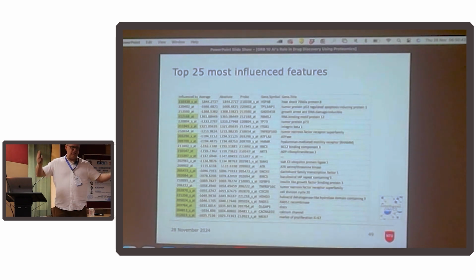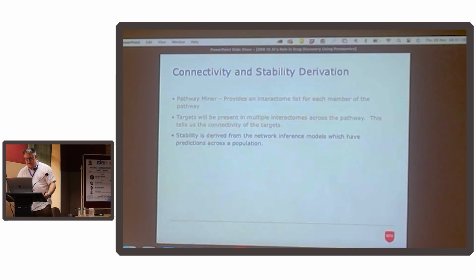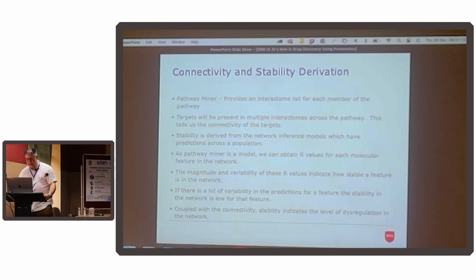So we've gone through the whole transcriptome, looked at everything, looked at the network inference, and we find features that make biological sense, being highly influenced and highly influential in the system we're exploring. So that gives us some confidence that we're starting to unravel some of the biology here with this method. Now, we can do the connectivity and stability. I've already talked to you about that.